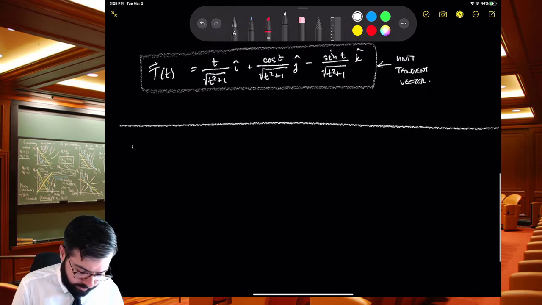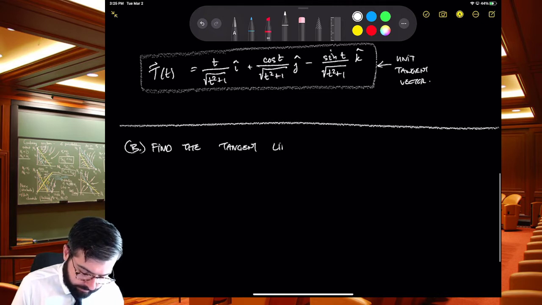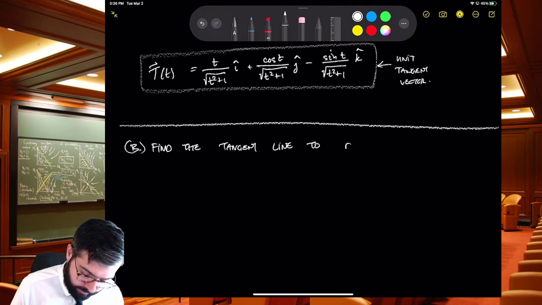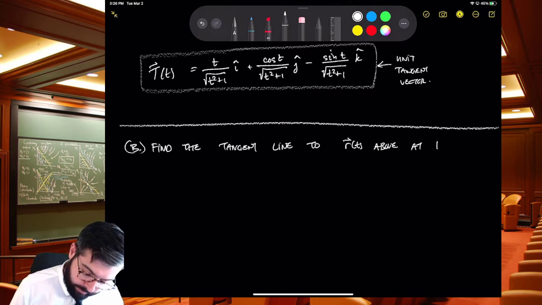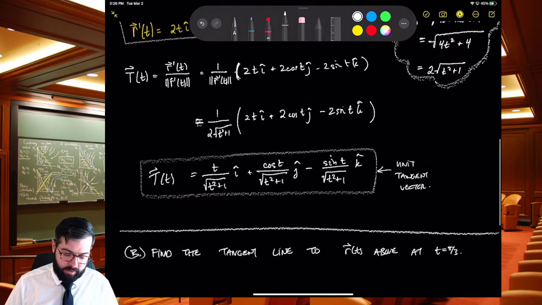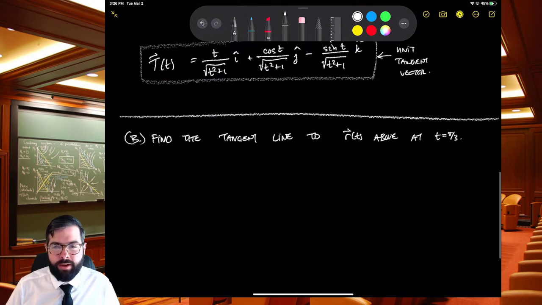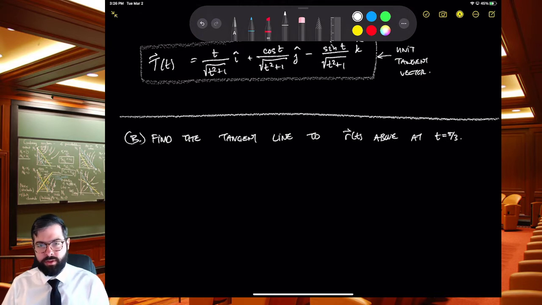So one quick follow-up to this then is, let's find the tangent line to the above r of t at t equals pi over 3. Anybody refresh me on how we would do such a thing?